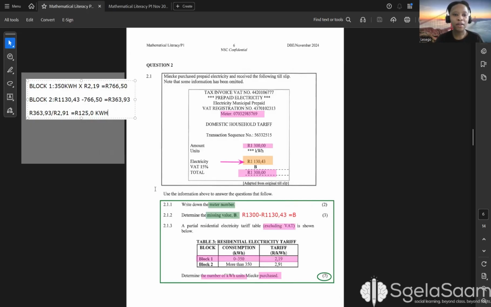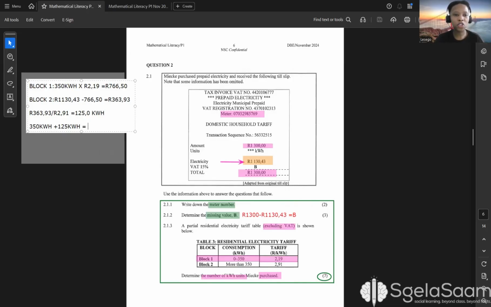So let's remember, always go back to the question. Determine the number of kilowatts per hour used, units Mieke purchased. So we're going to add 350 kilowatts per hour plus 125 kilowatts per hour.